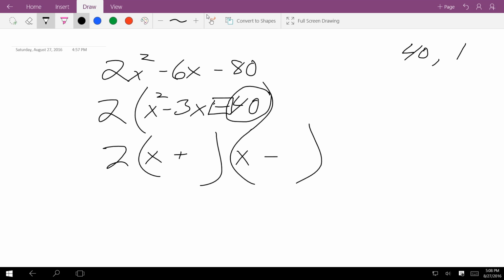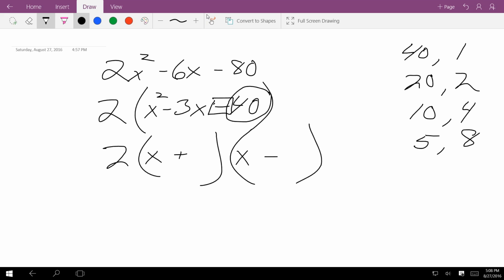I can cut 40 in half, and then of course I have to double that. I can cut 20 in half, still double that again. Well, I can cut 10 in half. There you go. There's the 2 factors we're looking for, 5 and 8.